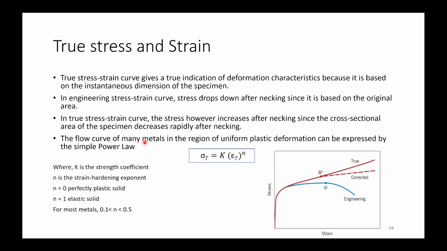Now this is known as the flow curve for true stress strain, and in the region of uniform plastic deformation it can be expressed by the simple power law sigma t equal to K epsilon t to the power n. Before necking, it can be given using this formula.